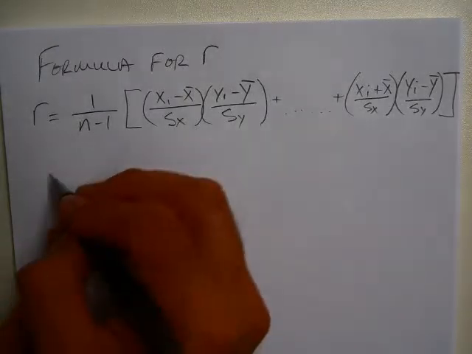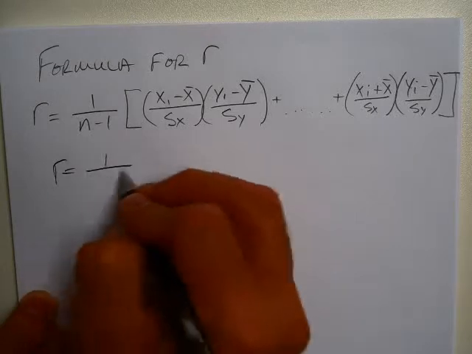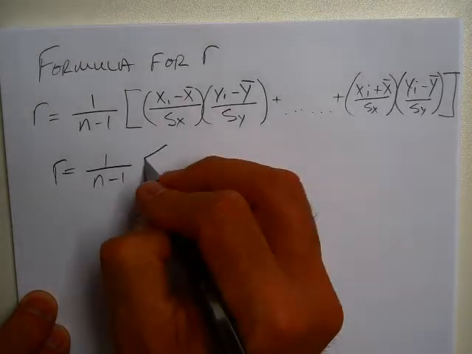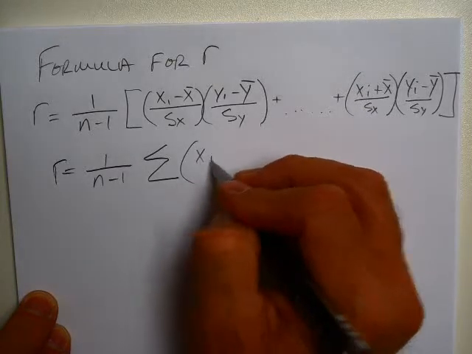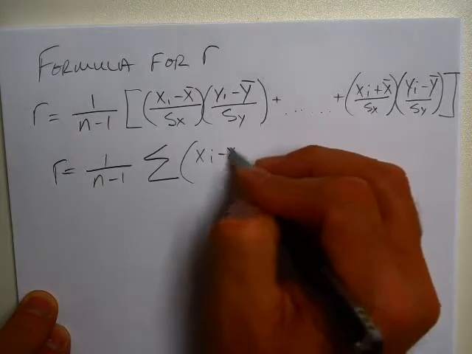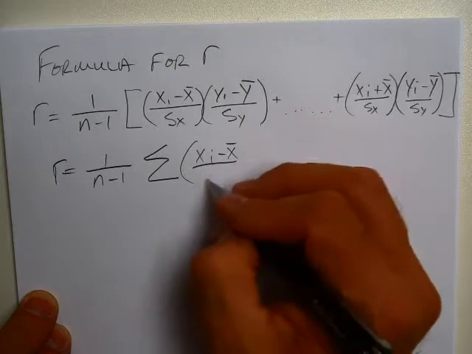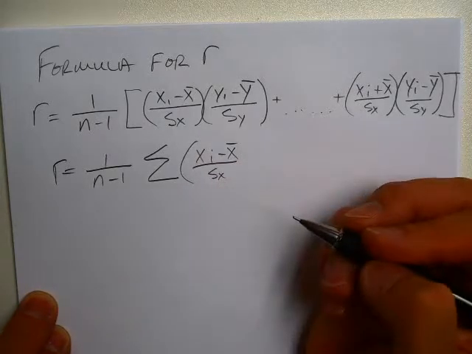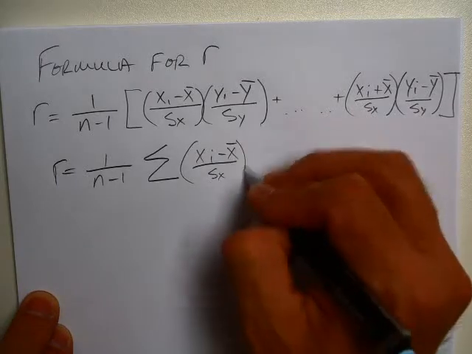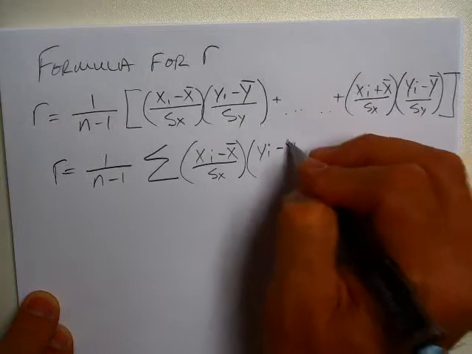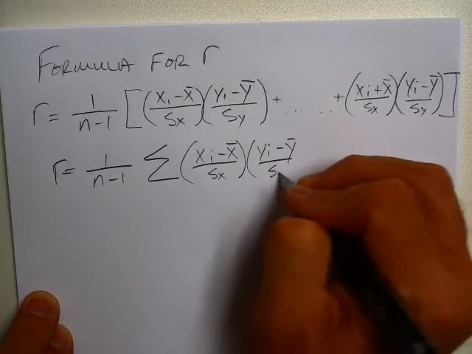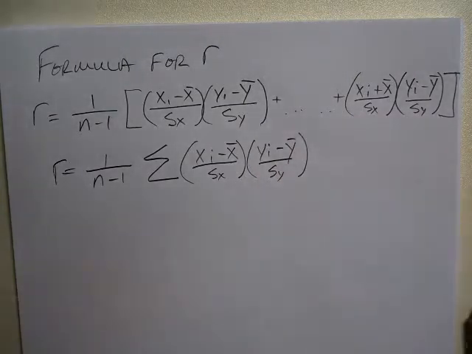The shorter version of this uses the sum symbol, and it's x sub i minus x bar over s sub x times y sub i minus y bar over s sub y. So the sum of all of them multiplied together like that.